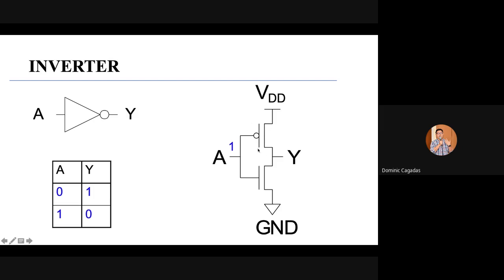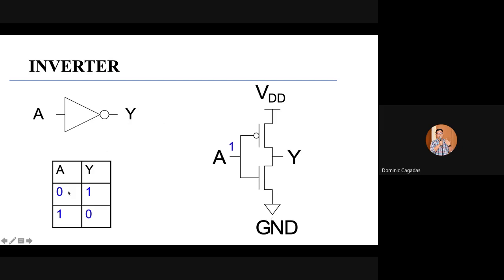You have your PMOS at the upper side with the bubble, and your drain is connected to your VDD, while your source is connected to your output Y. You have your drain, gate, and source. And then you have the NMOS, where your drain is connected to your output, and your source is connected to your ground.